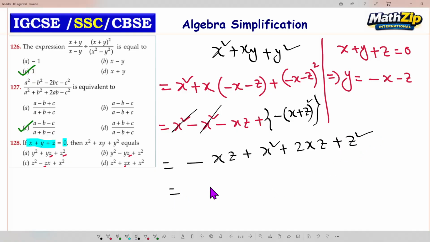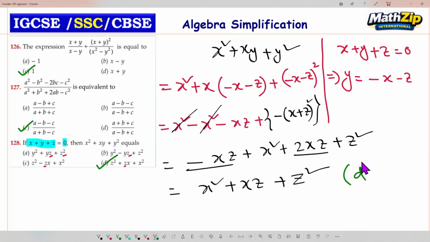Finally we get x square, and 2xz minus xz is plus xz, and plus z square. So which one is correct? Number D. Here z square, zx and x square, this is our correct answer, which is number D.